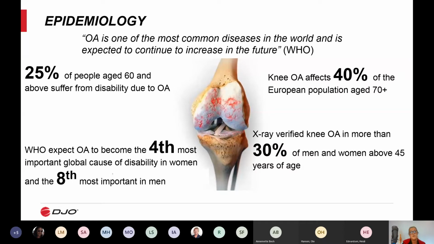Knee OA affects around 40% of the European population that is over 70%. It has not been like this in former years. We haven't had OA as a disease, but now we're going to see it more and more.